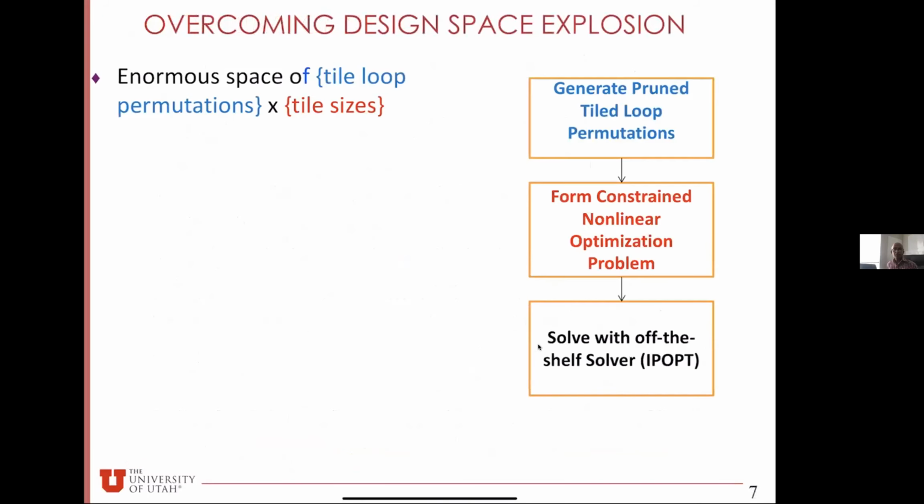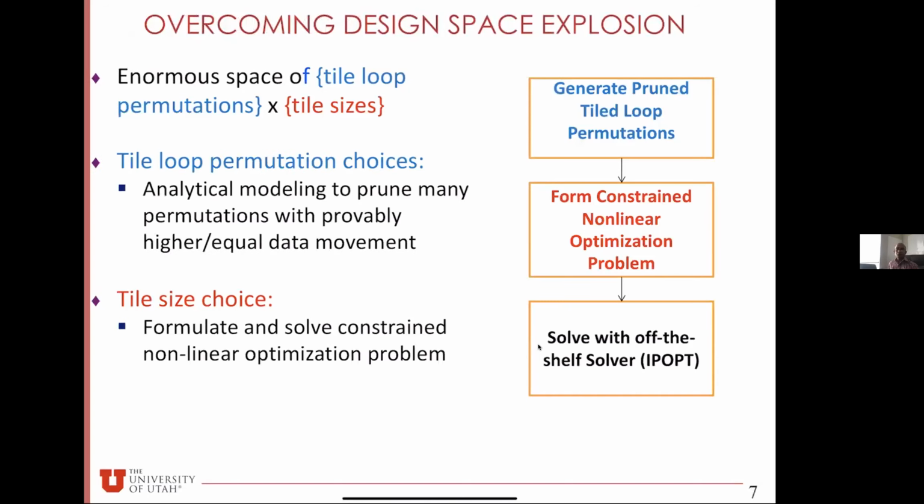So here's the high level idea. We have a design space that's extremely large. It's the product of the number of possible tile loop permutations cross product with all possible tile sizes for a given tile permutation.